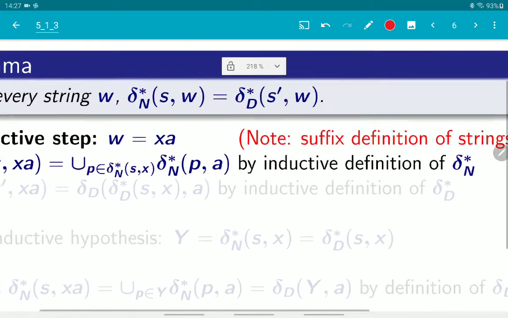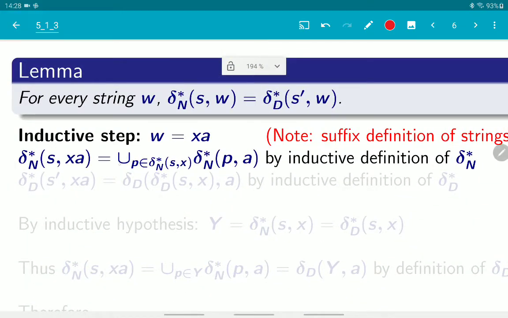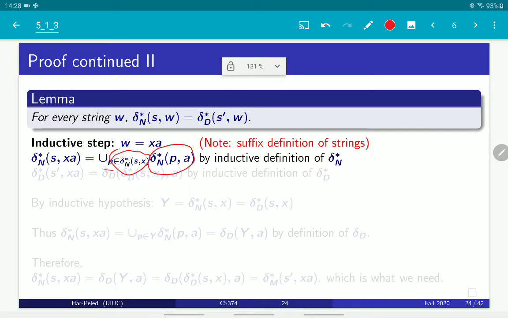And the definition says that we first look at all the states that we can reach with X from S, right? And from there, for each one of those states, we apply the transition on the character A, and we take the union, right? Okay.